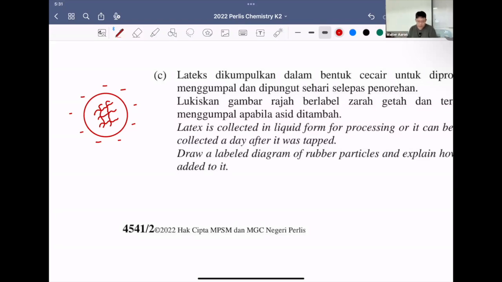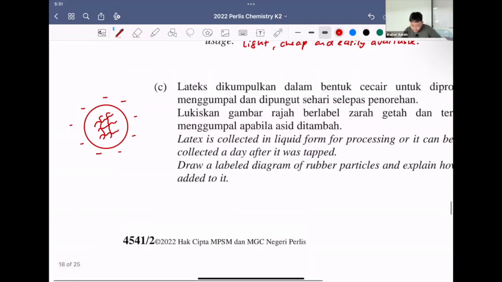But the moment you add acid, it will neutralize the charge on the surface, and when the particles bump into each other, the membrane will crack open and allow the rubber particles to clump together to form a large group of particles. Then it will be coagulated. So how do we explain this in a detailed form? I want to give you very simple answers.